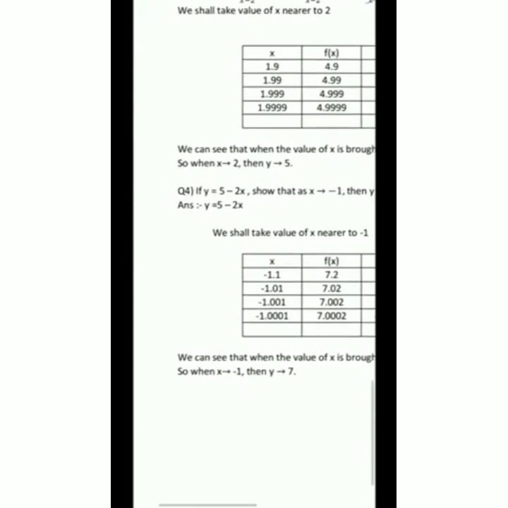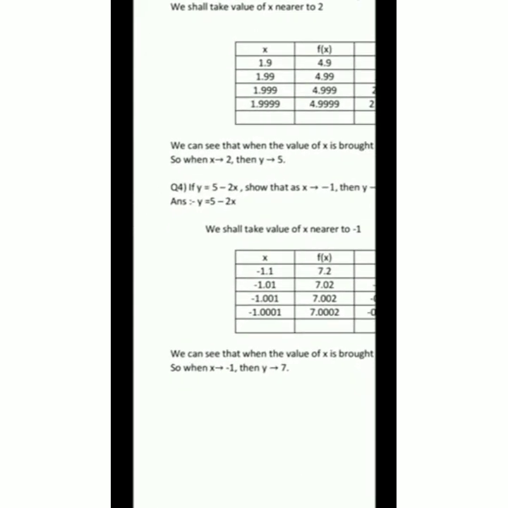Now moving on to the last sum of this exercise. If y is equal to 5 minus 2x, that is, as x tends to minus 1, show that y is equal to 7 using the tabular method. Now using the method, let us take the values of x nearer to minus 1 and prepare the table accordingly. So minus 1.1, that is subtracting 0.1 from minus 1.